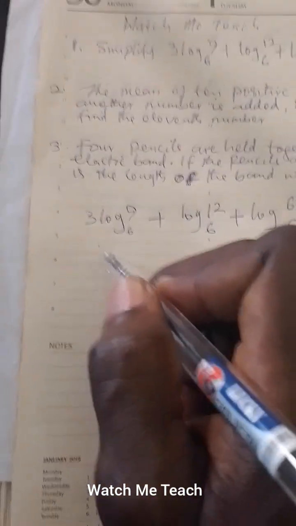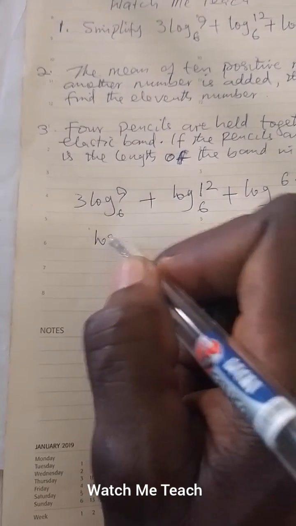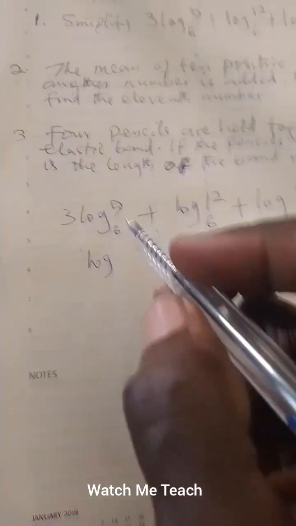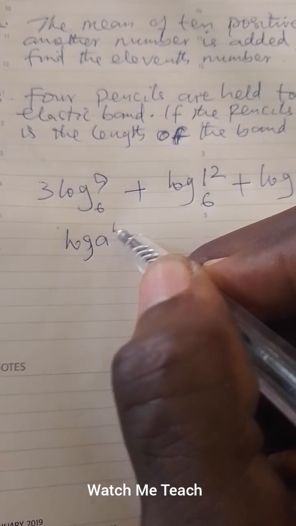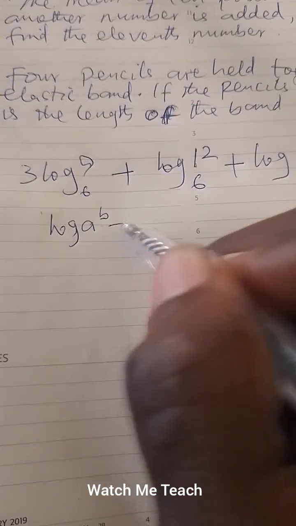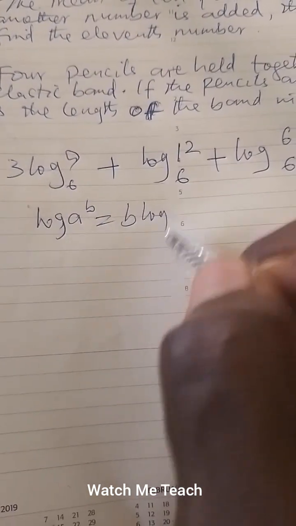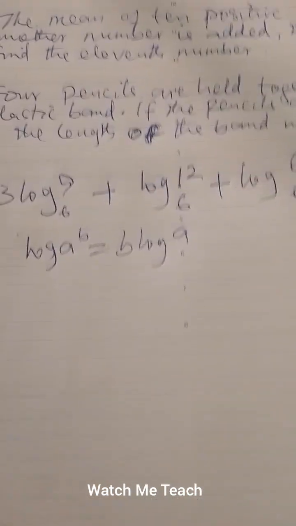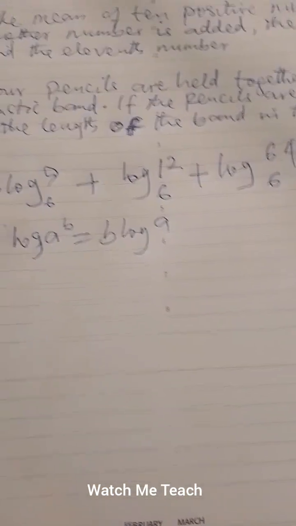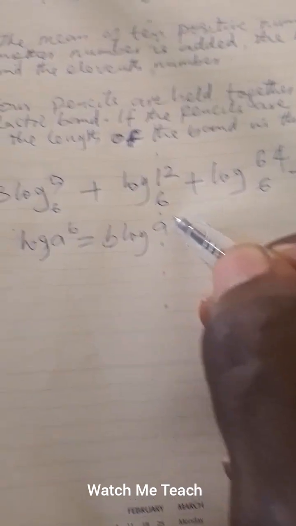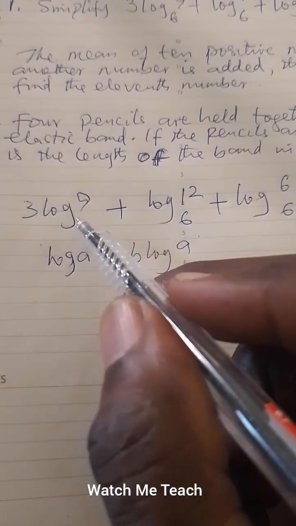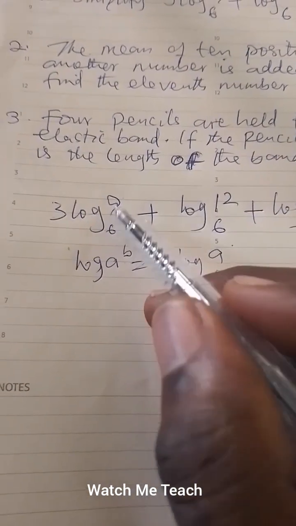Now, what we are going to do here is move this 3 to the power of 9. Remember that if we have log A raised to power B, it is the same thing as B log A. Do you get that? It means this B can still come up here. That is what we are going to do to this aspect of it.